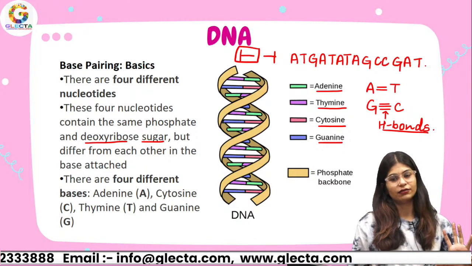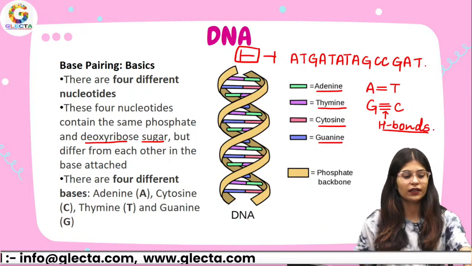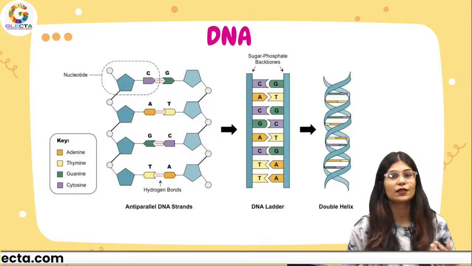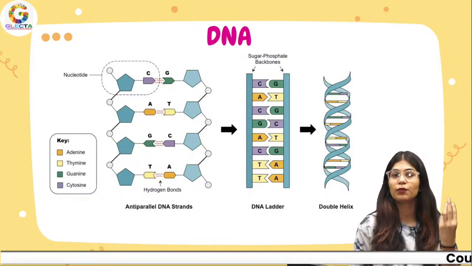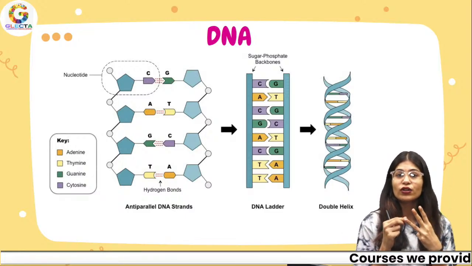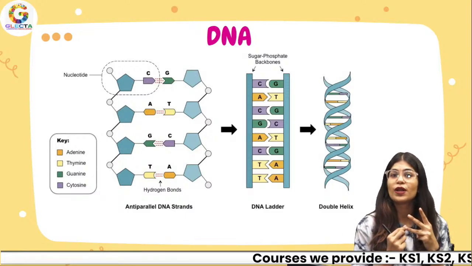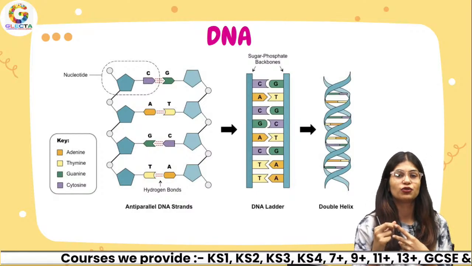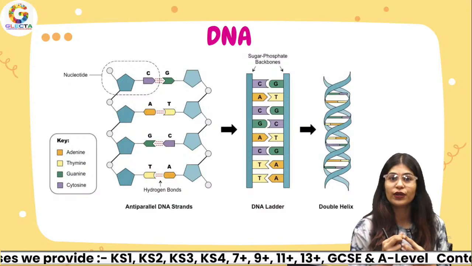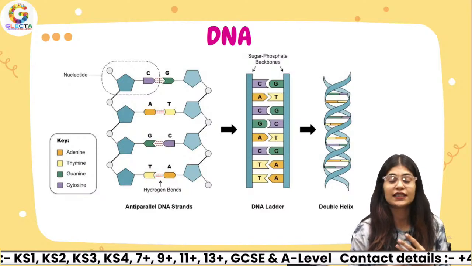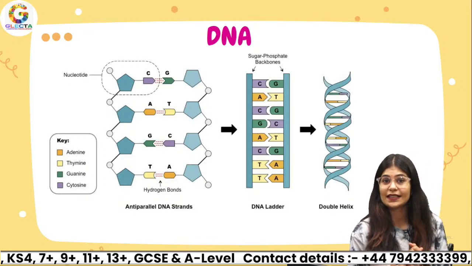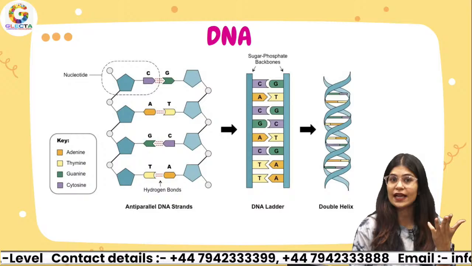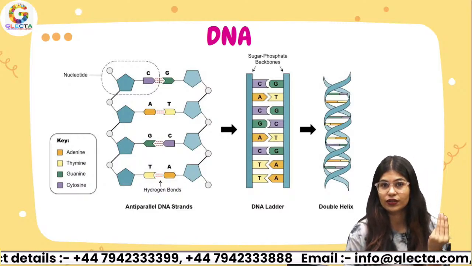Once this is clear, if I have to review everything, what I had till now is that DNA is a polymer. DNA is made up of 3 things: deoxyribose sugar, which is also known as a pentose sugar, a phosphate group, and a nitrogenous base. The second thing that we learned is that there are nitrogenous bases of 4 different kinds: adenine, thymine, guanine and cytosine, and they are attached to each other.